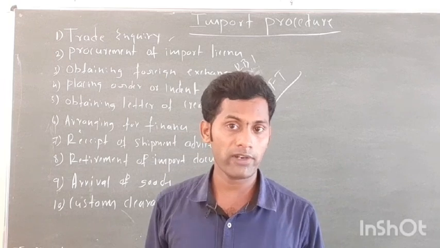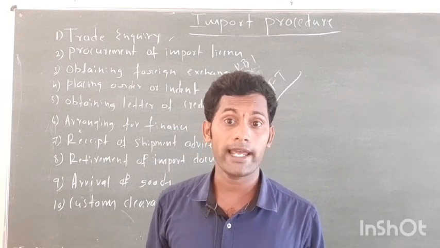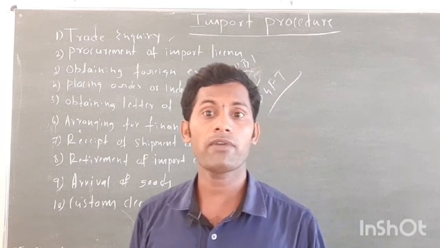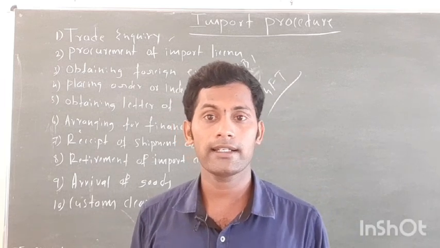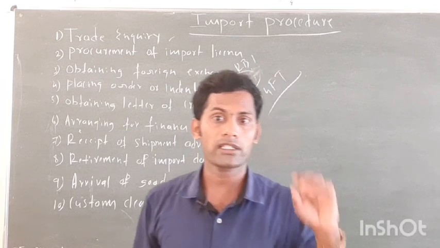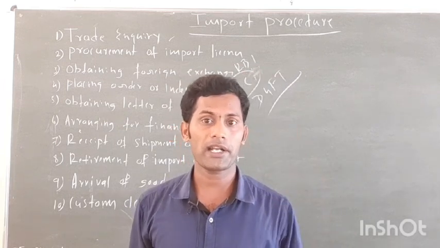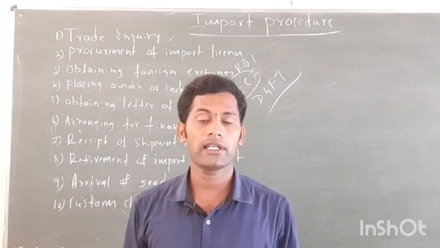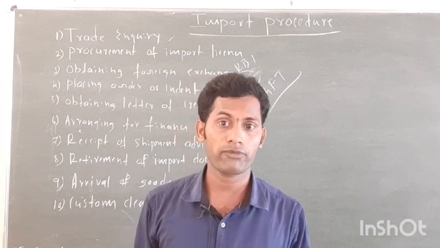After inquiring, on the other hand, the exporter sends a quotation or pro forma invoice that contains the details of the product: the price range, the quantity, the size, the quality, the company's name. He sends all the information of the product.